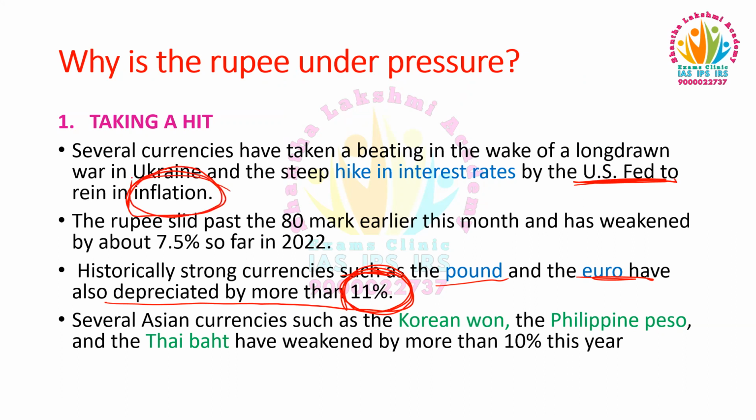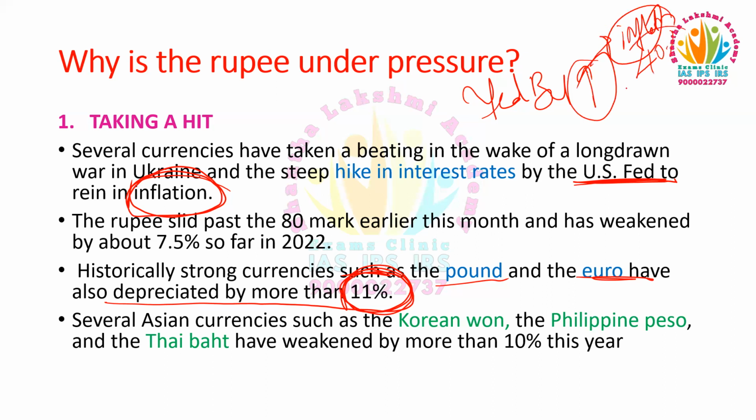So that means the Federal Reserve of the USA increased interest rates. Why? To contain or curtail the inflation, which is 40% high in the US. So the Federal Reserve increased the interest rates, and that's why there has been an impact all over the world. So that's why various currencies have been depreciating.